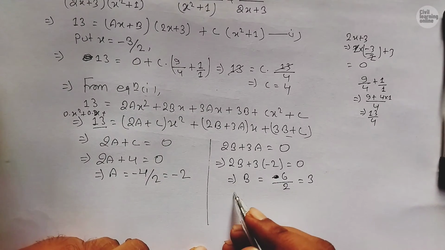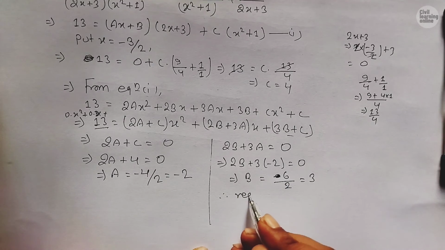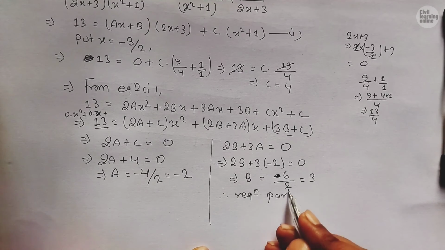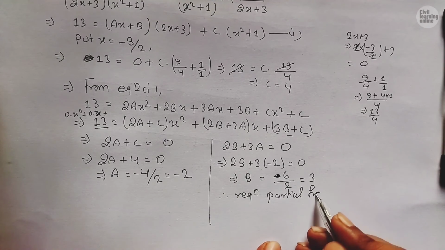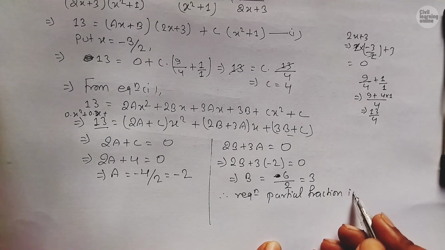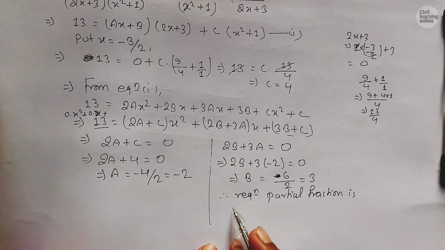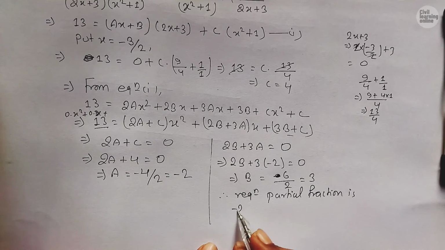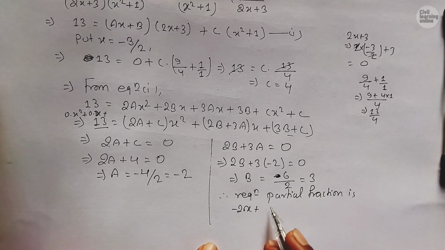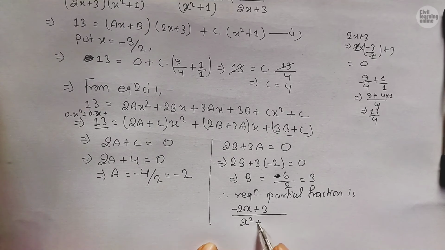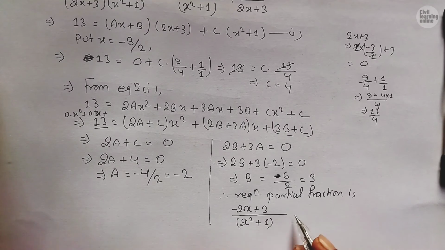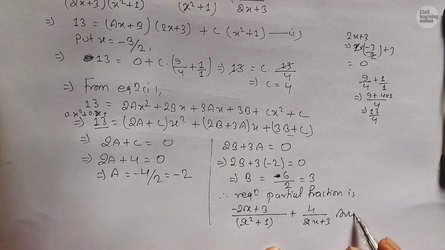So I am going to write one line here. Therefore required partial fraction is, what is the partial fraction? Ax, a means minus 2x plus b is 3 upon x square plus 1, and value of c is 4, so plus 4 upon 2x plus 3 is required answer.